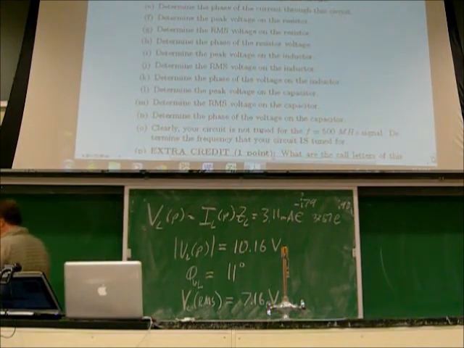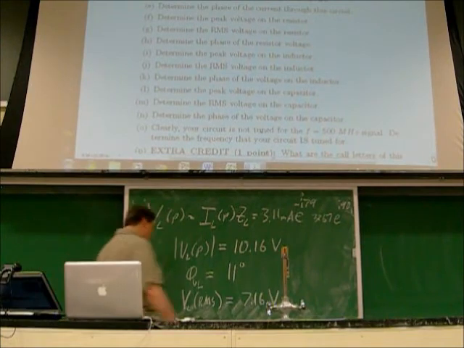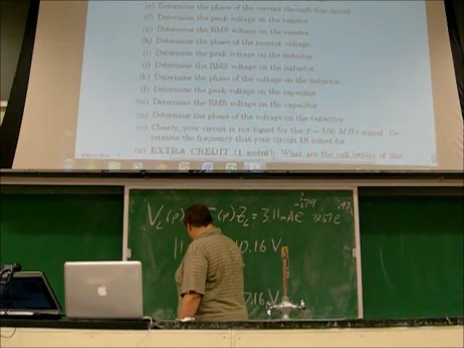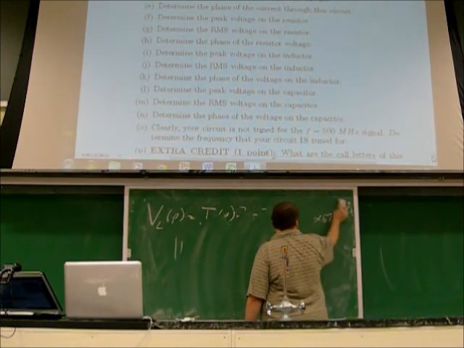We've said over and over again that the inductor is taking most of the voltage out of this circuit, which means the frequency is too high. 500 megahertz is too high, giving the omega L an advantage over the 1 over omega C. If we find the resonant frequency, we're going to get a number that's lower than 500 megahertz, and when we do so, that is the resonant frequency that this circuit would send to the resistor.